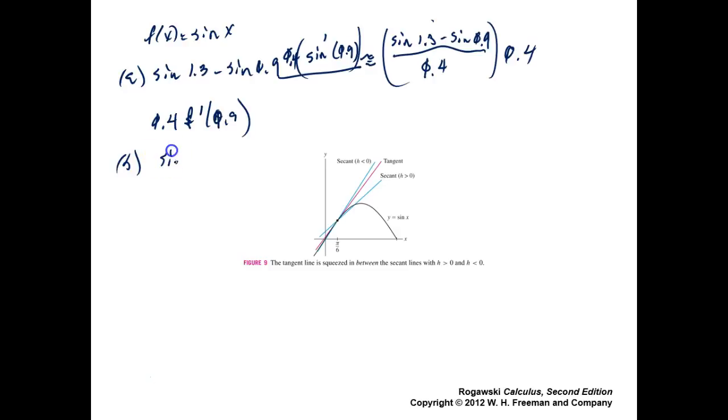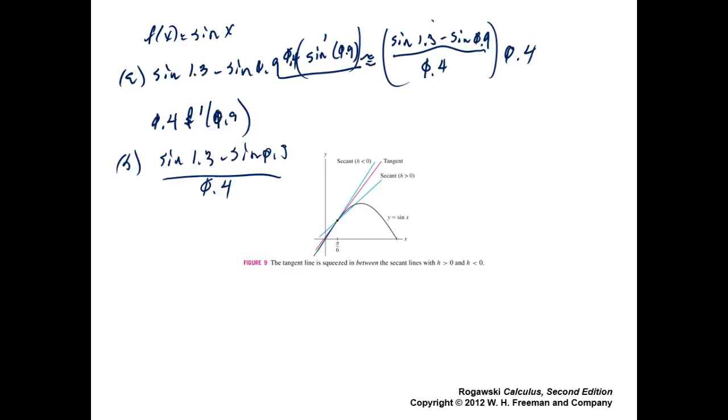Sine of 1.3 minus sine of 0.9 divided by 0.4. Okay. Now that we just answered, that's the difference quotient, okay?